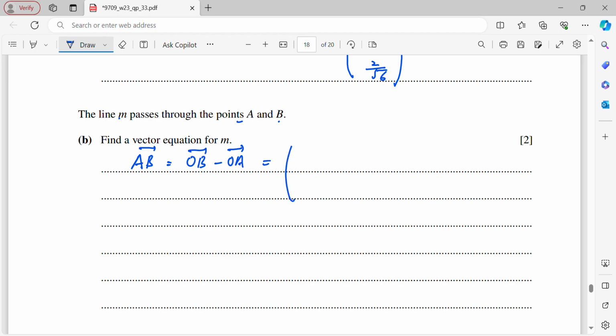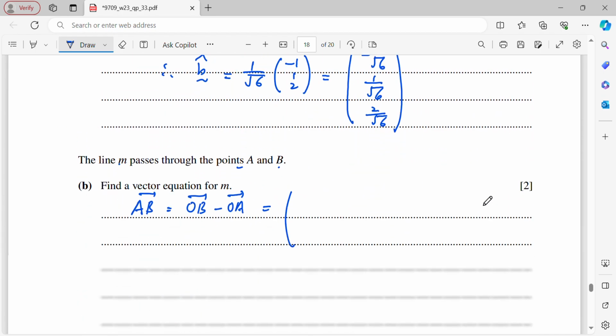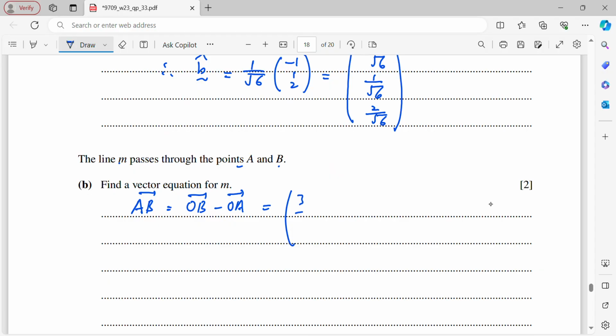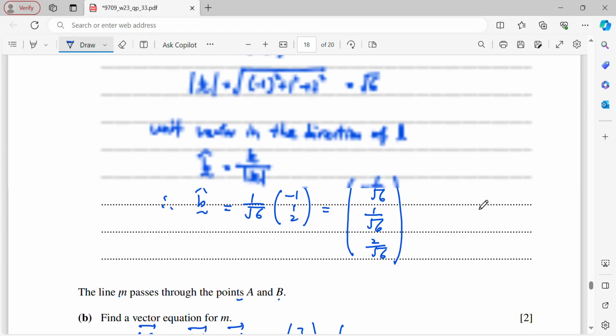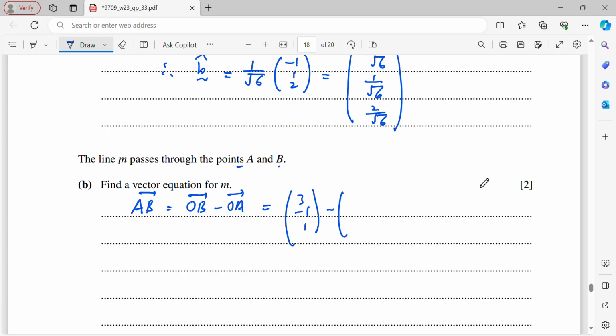Vector OB I stated in the previous part, which is (3, -1, 1), minus OA, which is (-2, 2, -1). Then you will be getting 3 minus -2 is 5, -1 minus 2 is -3, 1 minus -1 is 2.